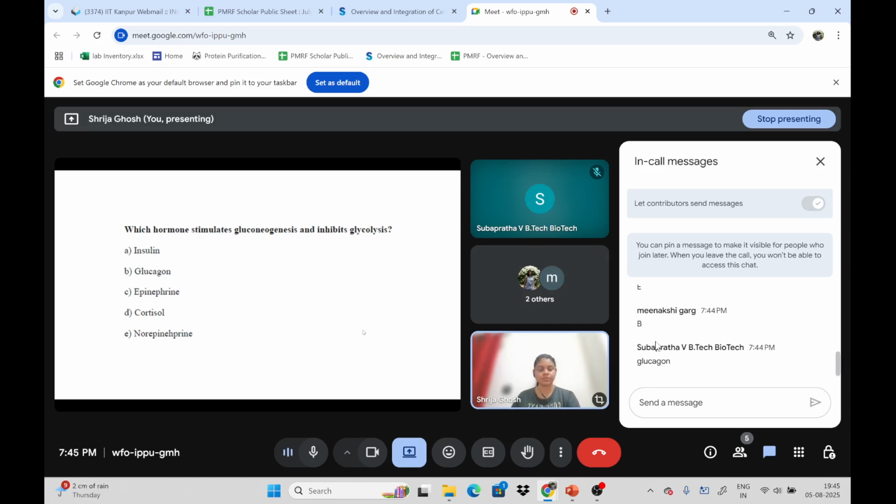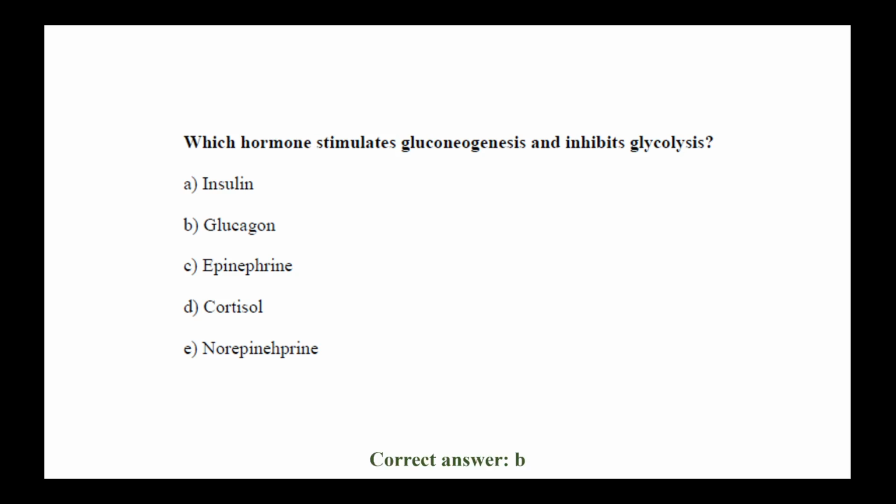So both of you have written the answer glucagon, option B. That is the correct answer. If you remember in the previous session, we discussed how insulin can modulate the glucose levels, and why insulin was important in controlling diabetes.